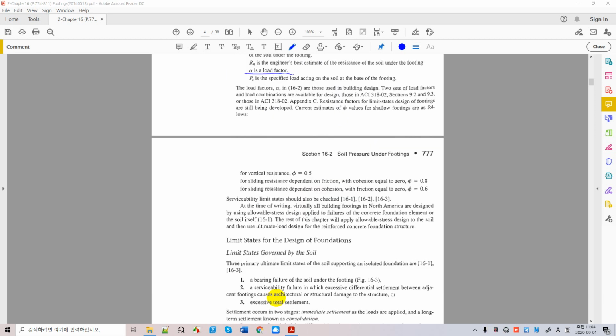There are a few phi factors recommended by ACI 318-02. Some phi factors are recommended for certain circumstances. We're going to take a look at those phi factors as we proceed with the design.